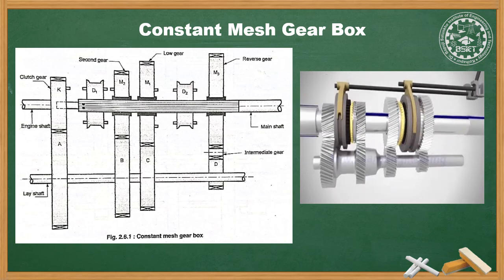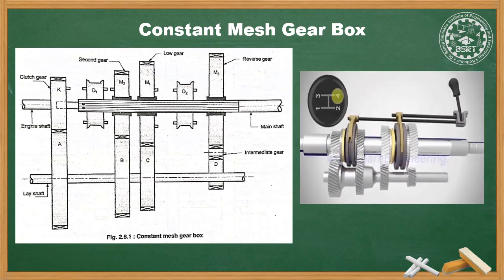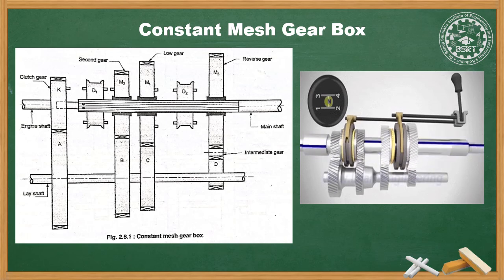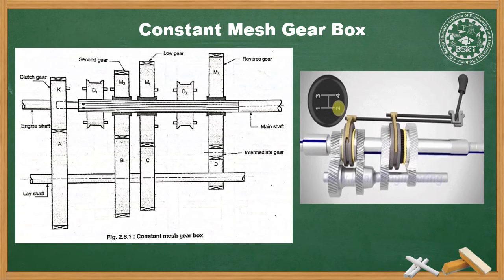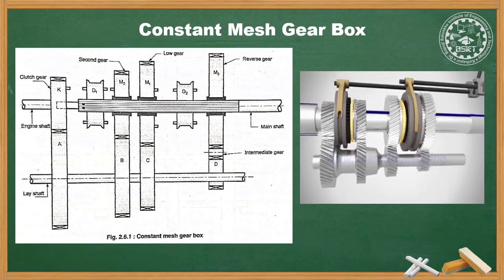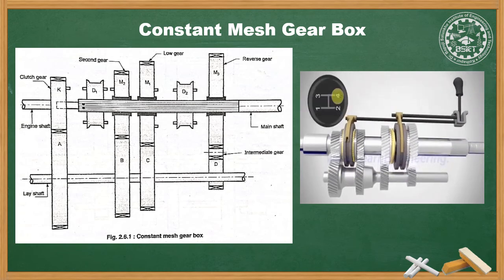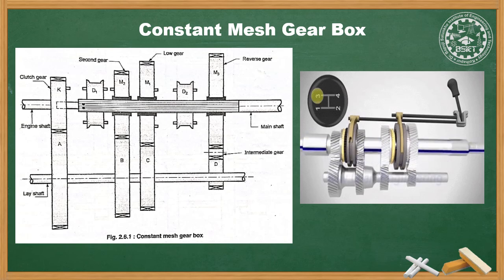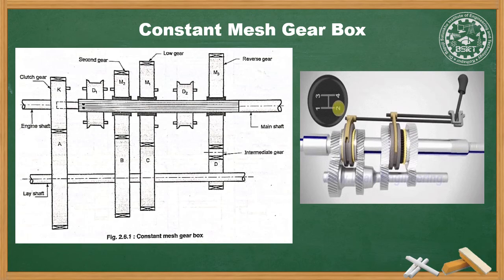In this type of gearbox, skillful handling is necessary by the driver so that the speed of the locking dogs and the respective gear on the main shaft remains the same to effect a clash-free gear change. For obtaining the same speed, double declutching is necessary.